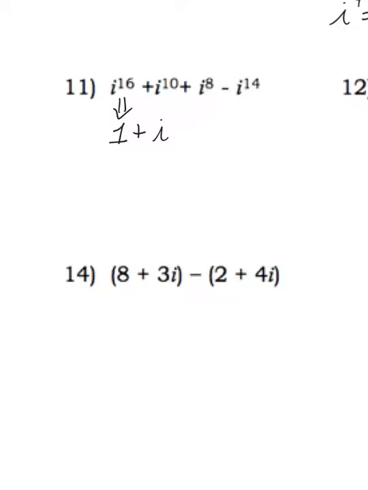So this is i squared, which is -1. i to the 8th, 8 is a multiple of 4, so that's 1. And then we have i to the 14th. 4 goes into 14 3 times with a remainder of 2. So this is i squared, which is -1. So you have 1, -1, +1, -1. The result for this is going to be 0.